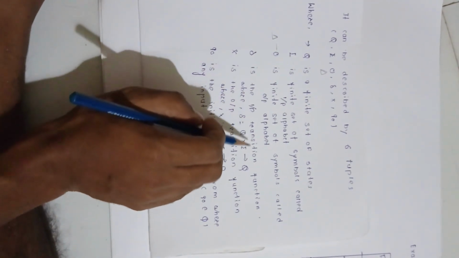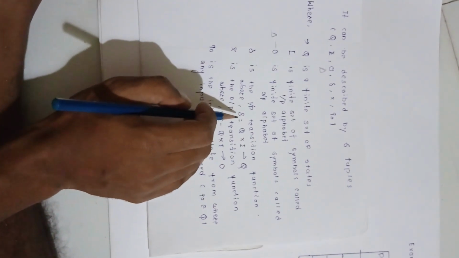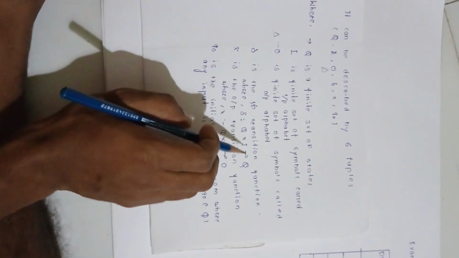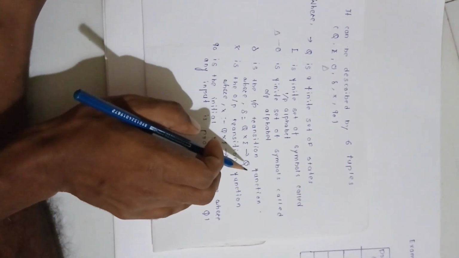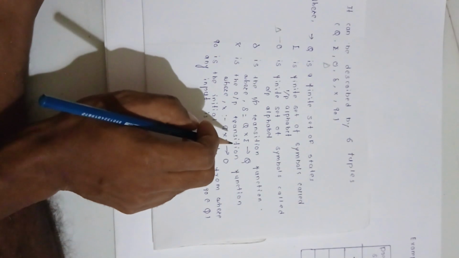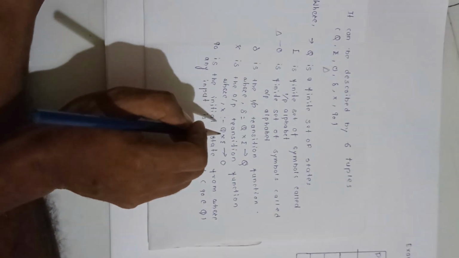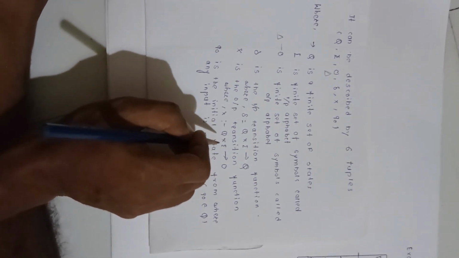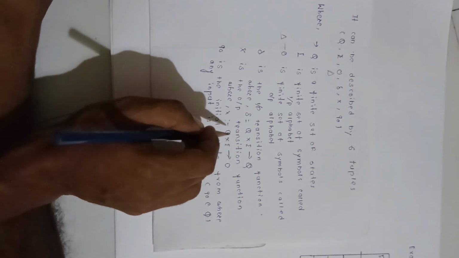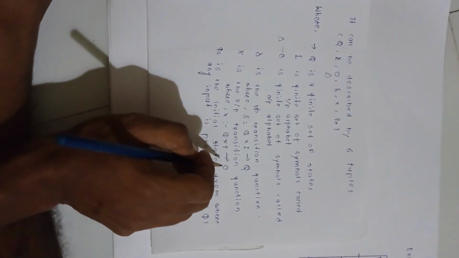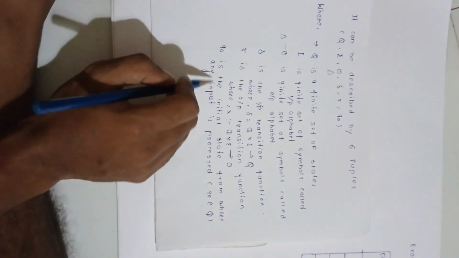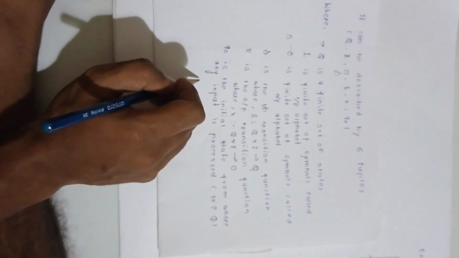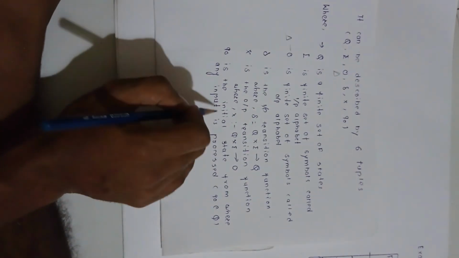Del is the input transition function, where del is Q times Sigma to Q. X is the output transition function, where X is Q times Sigma to O. Q0 is the initial state or starting state from where any input is processed.